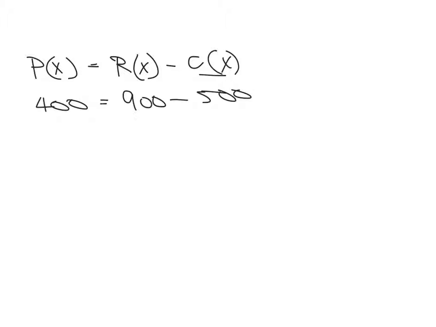So that's what we're talking about when we're talking about profit. Revenue is the R, and C is the cost to produce it, which would include labor, advertising, materials, all that kind of thing.